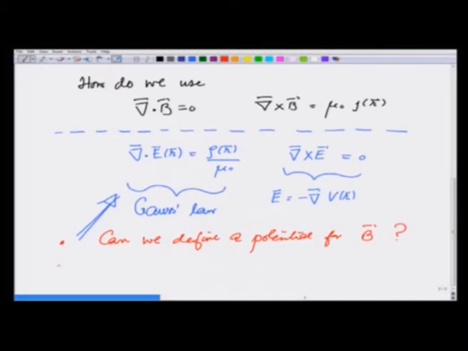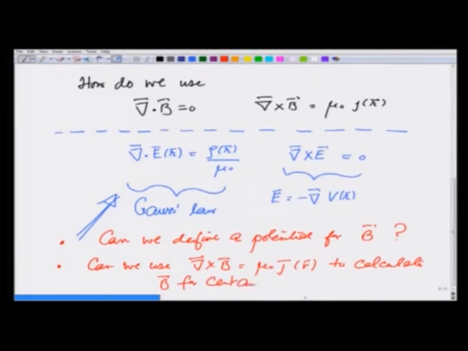The other question we ask is, can we use del cross B is equal to mu naught J r to calculate B for certain symmetric situations.